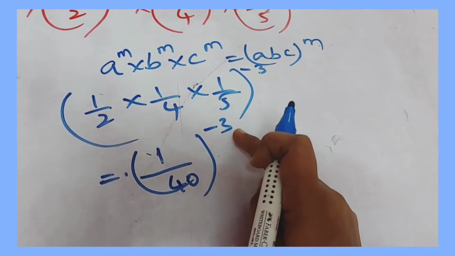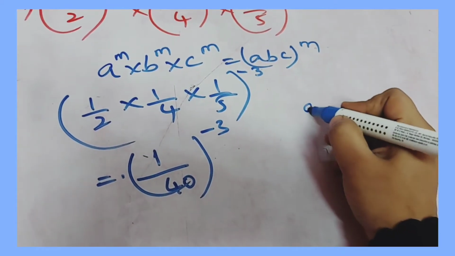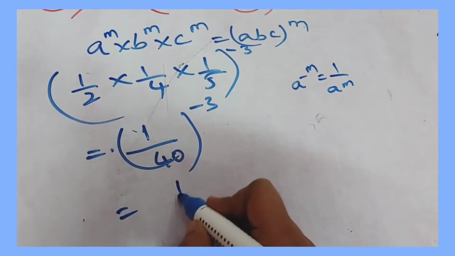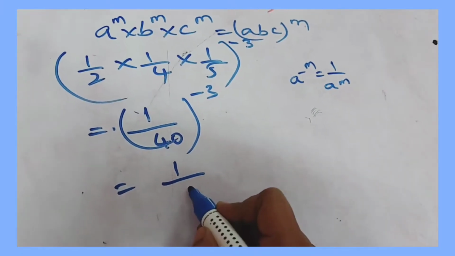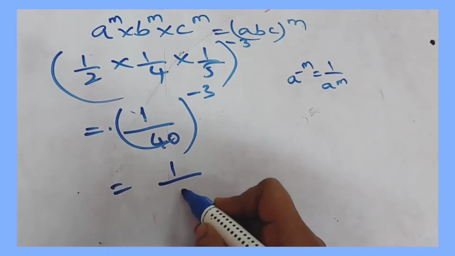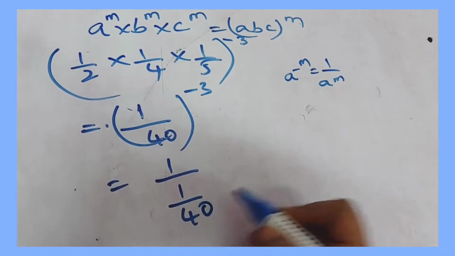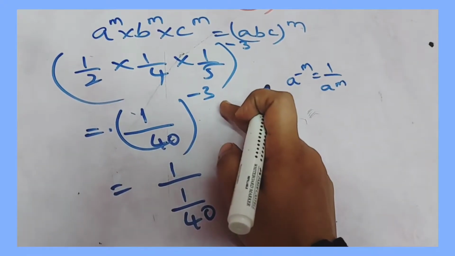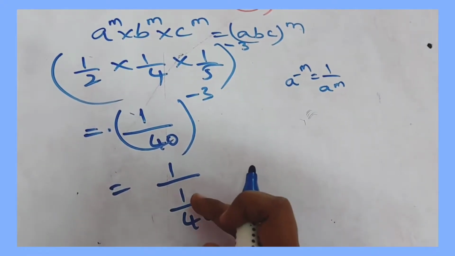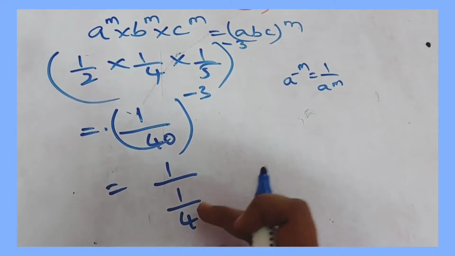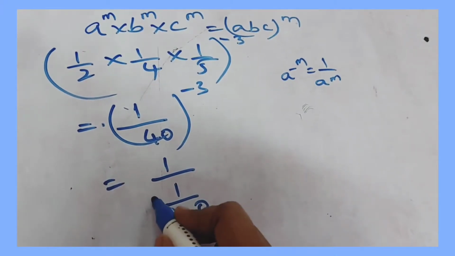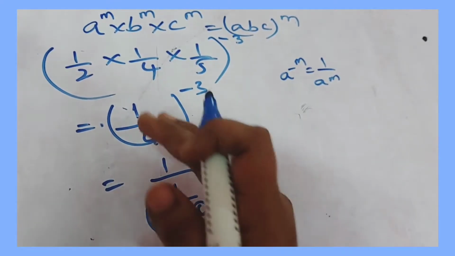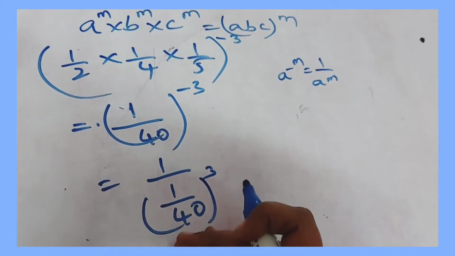Here minus 3 is there, which means a to the power of minus m, so you have to take 1 by a to the power of m. So 1 by, again 1 by 40, whole to the power of 3. So we are removing this minus by taking this 1 by 40 in the denominator.